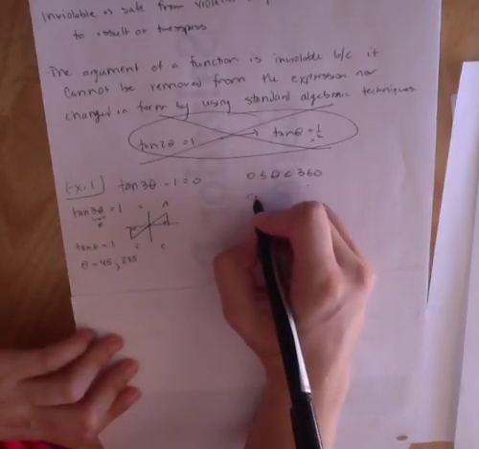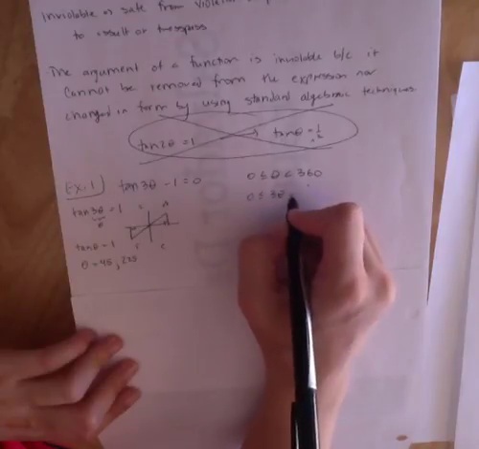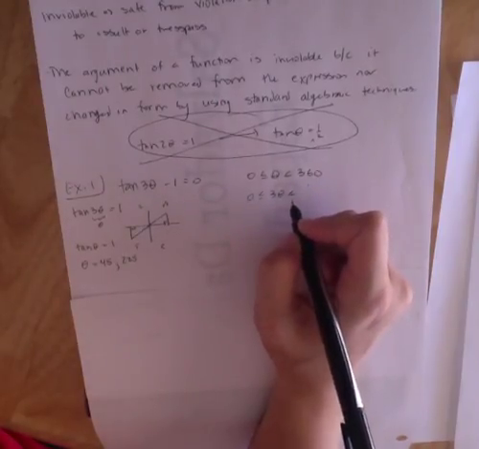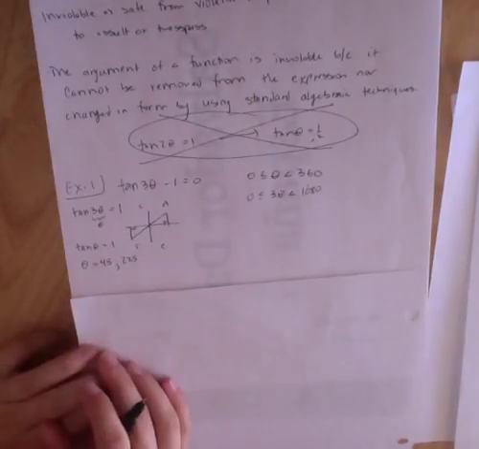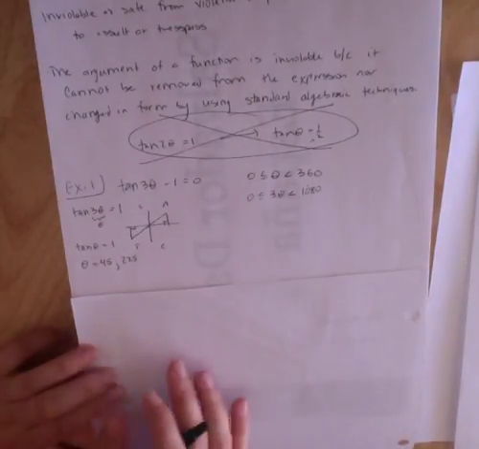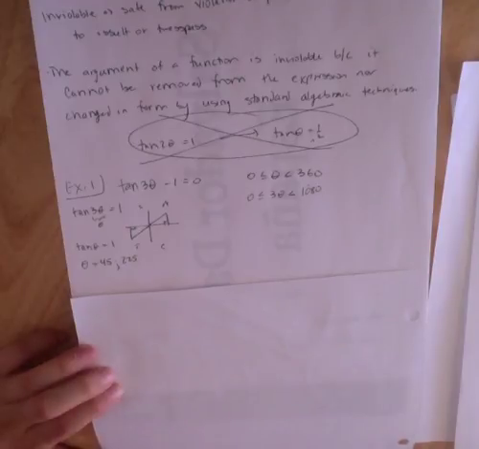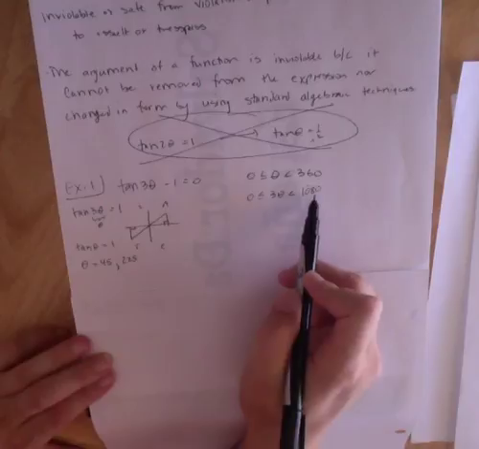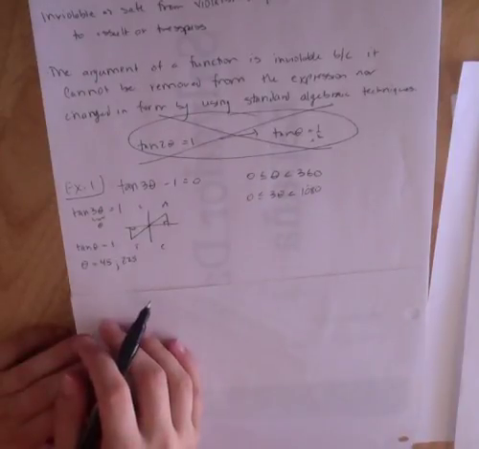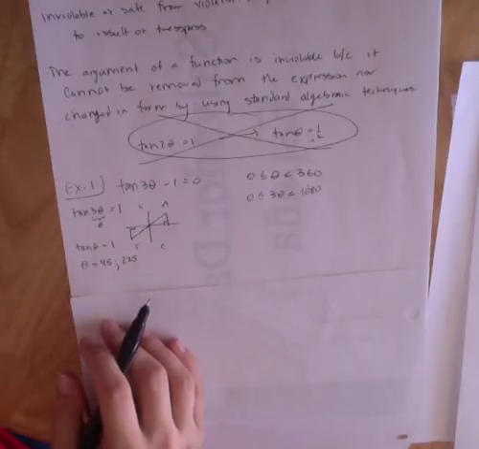We now are going to say 0 is less than or equal to 3 theta is less than 1080. I've multiplied everything by 3, which tells me that I can go a lot further than 360. I'll get to that in just a minute.